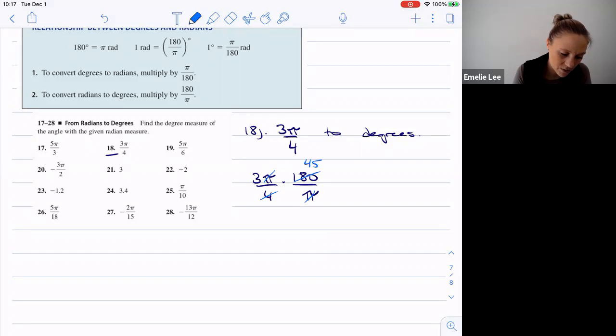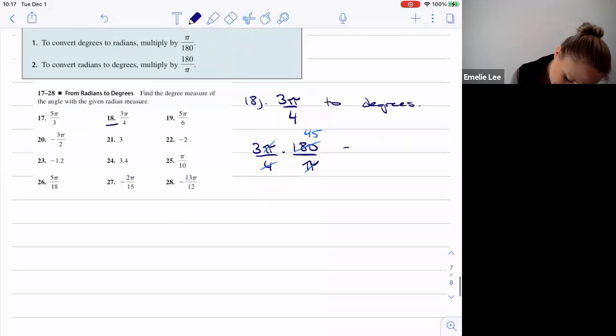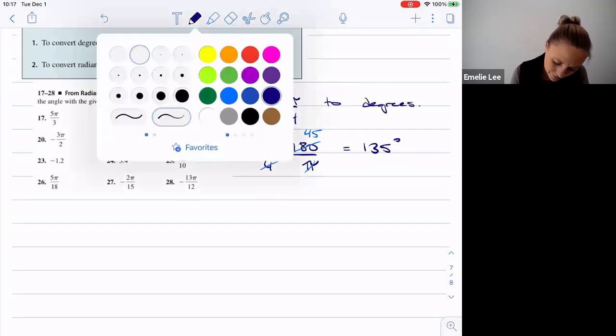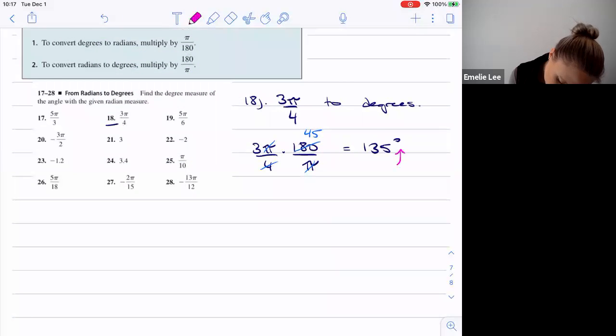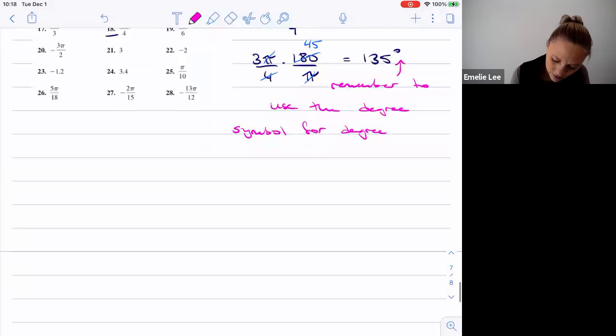So 3 times 45 is 135 degrees. Remember to use the degree symbol for degree angles or degree measures.